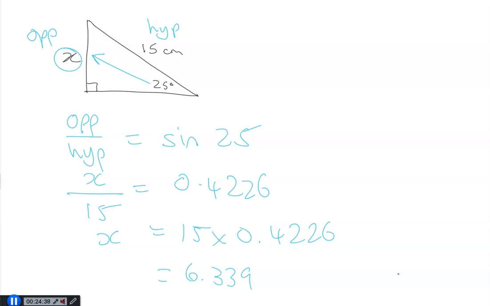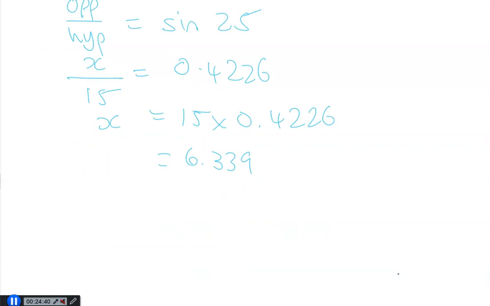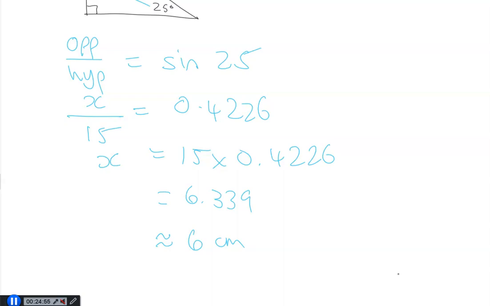So I'm going to go with 6 as an answer, but if you wrote 6.3, I would accept that. Is that okay? Yep. So we're going to approximate my answer. That's what the wiggly equal sign means. 6 centimetres. Okay? So that's how the ratios work. The ratios allow us to work out what the value of the sides are.